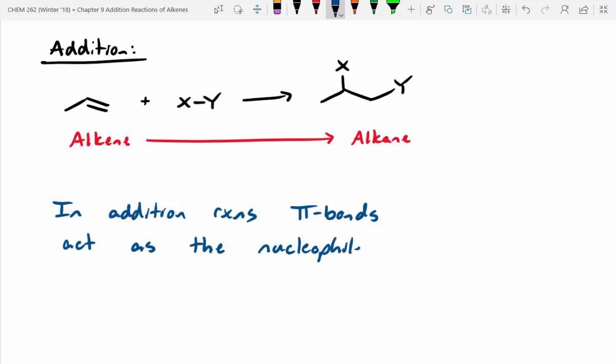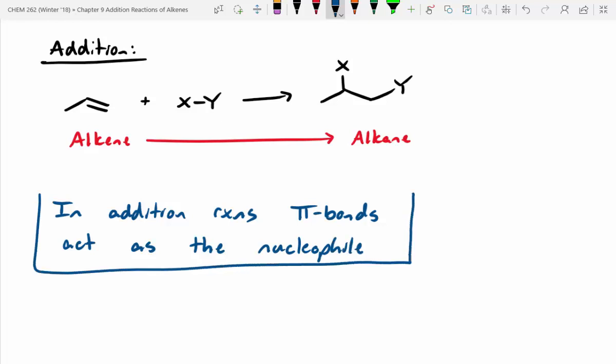It's a little bit different, but if you remember all the way back to last term, I said that nucleophiles are any molecule that are electron rich, right? A pi bond, we've got p orbitals that are occupied with extra electrons. Those can act as a nucleophile as well, and we'll see this all throughout the chapter. Does that make sense?